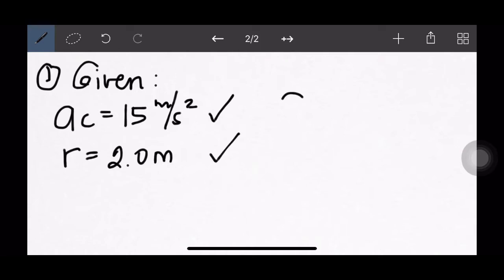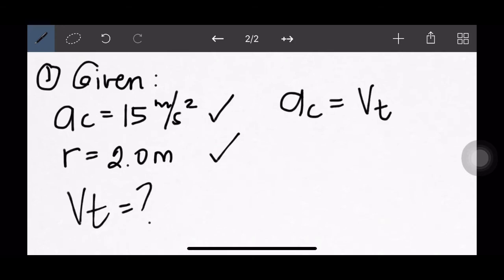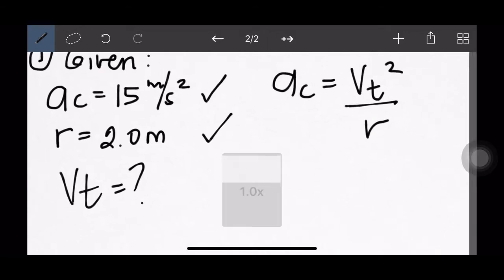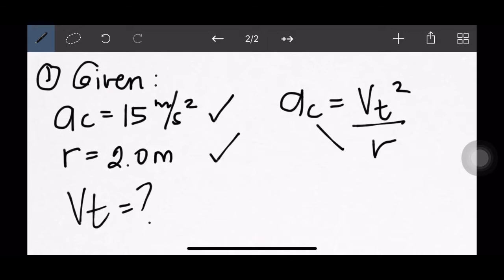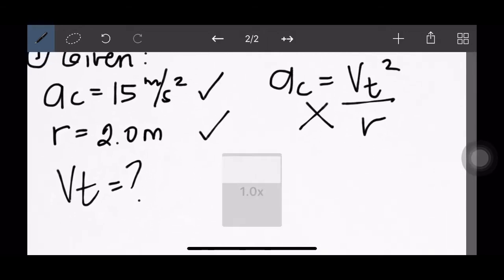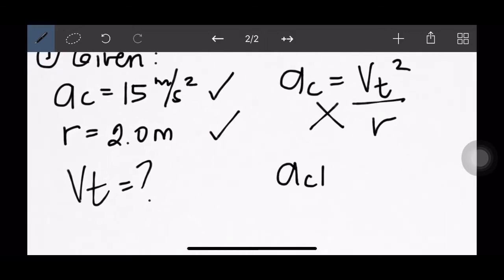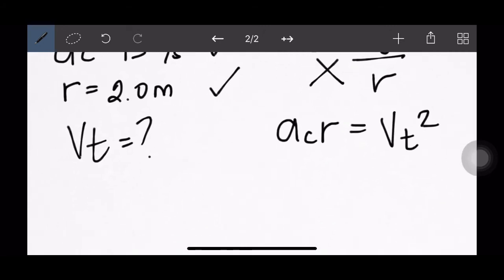From the formula of centripetal acceleration, Vt squared over r, we simply cross multiply. AC multiplied by r is equal to Vt squared.